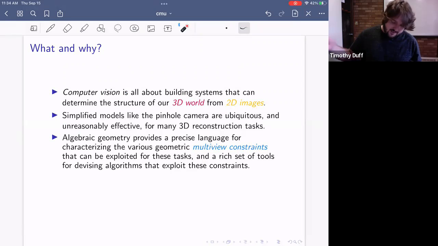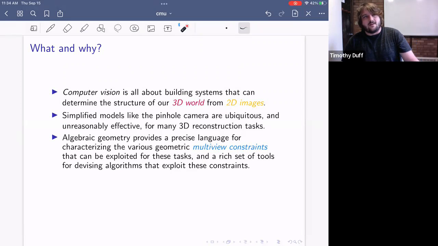Okay, so as I mentioned, computer vision is the subject that really motivates this work. And if you haven't been living under a rock for the last 10 years, then you probably know that computer vision is concerned with object recognition and tracking and 3D reconstruction.